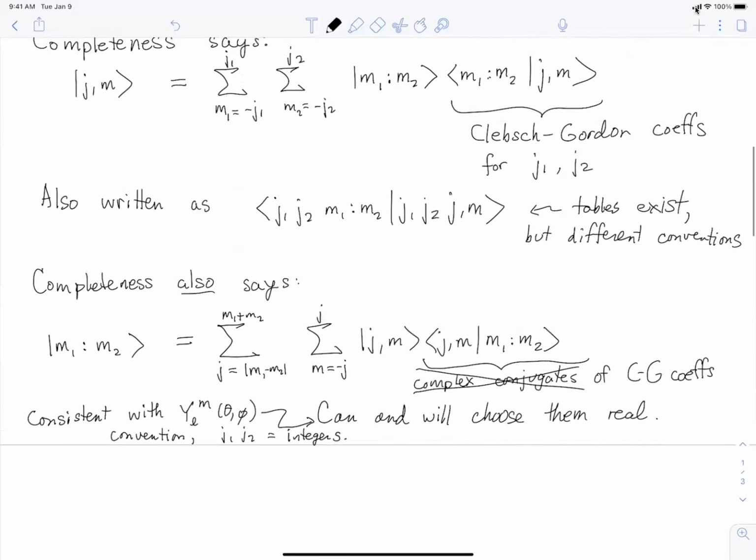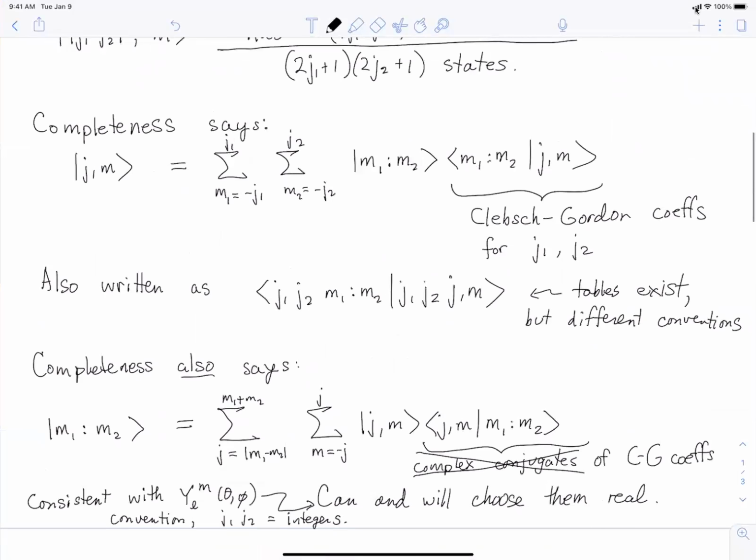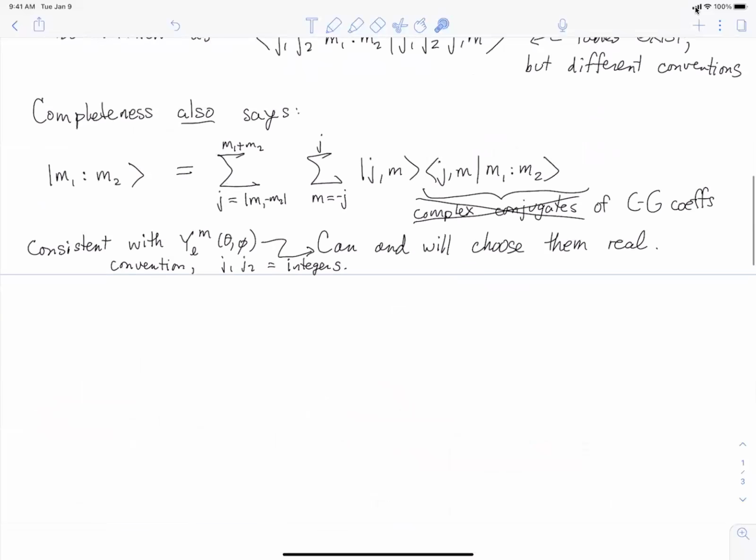And so what we've got is a 2-for-1 deal. We can write total states in terms of product states with the Clebsch-Gordons, and we can write product states in terms of the total states with the same Clebsch-Gordon coefficients. All right, questions on that so far?